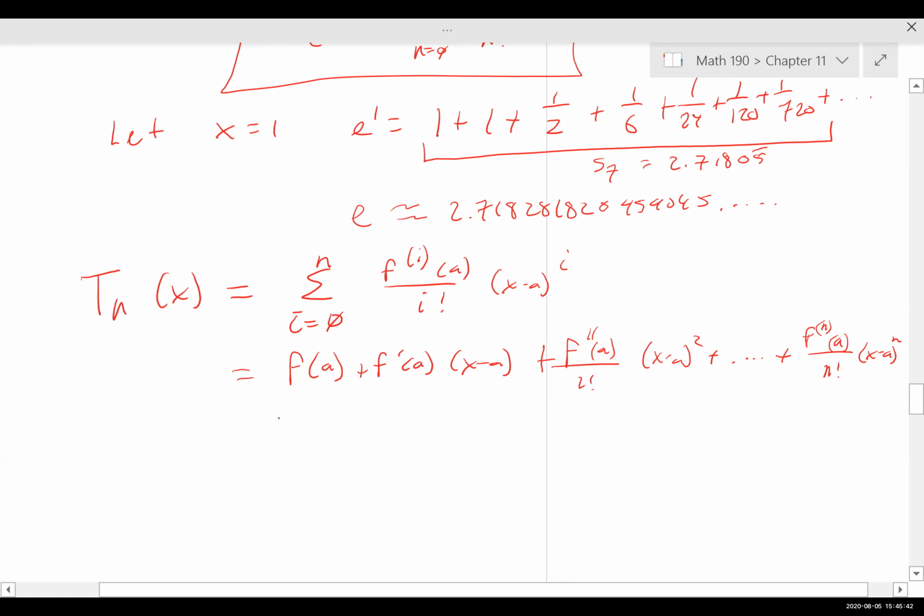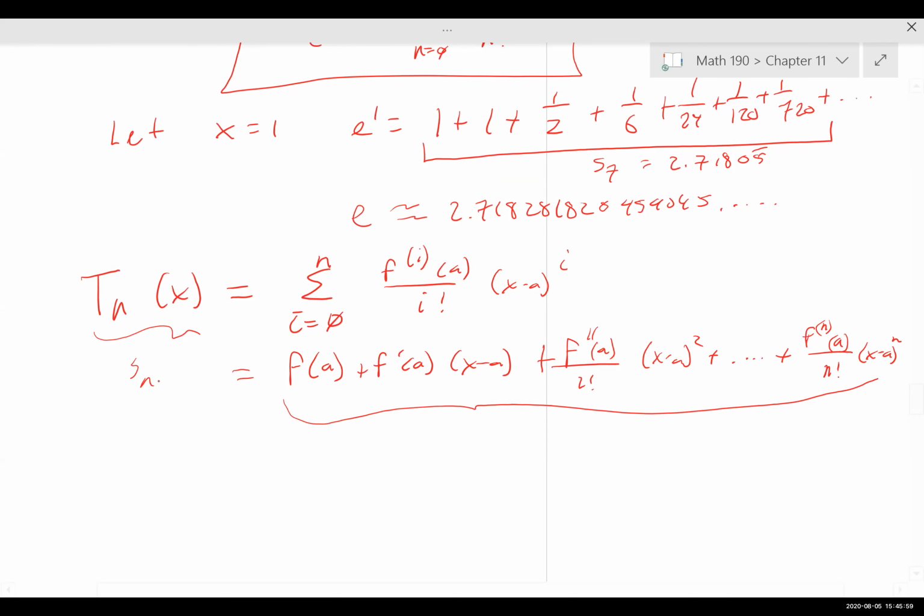It stops. When I only go up a certain amount, or we take our partial sums up to n, you can think of this as S sub n. It's the partial sum of our Taylor series. We call this, T sub n of x, a Taylor polynomial.